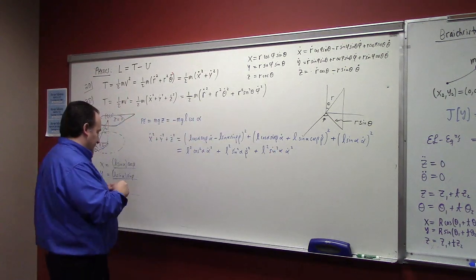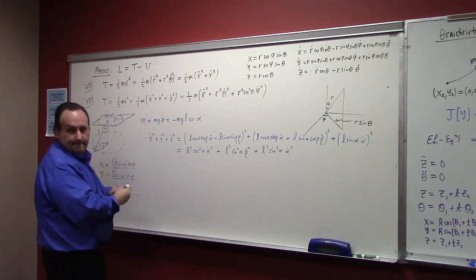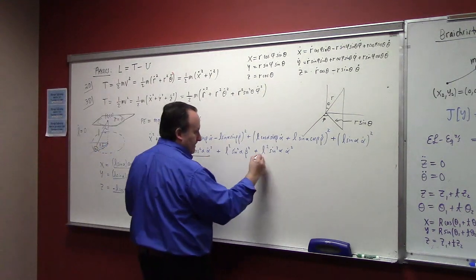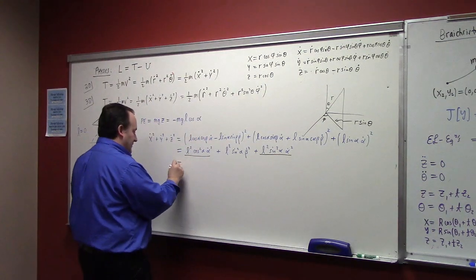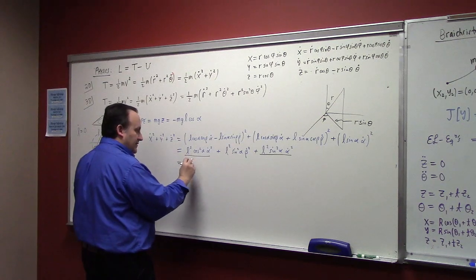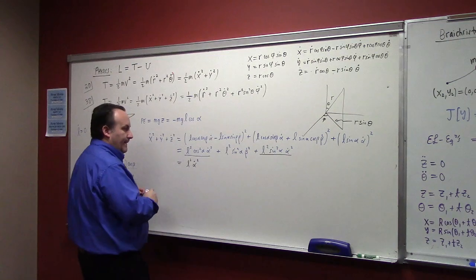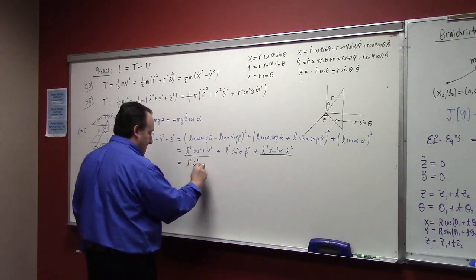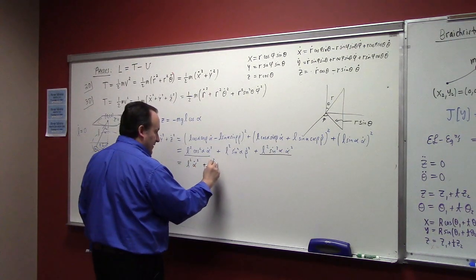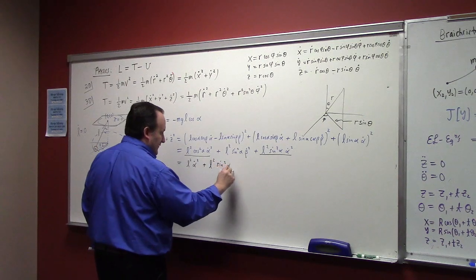Now two of these things should go together. And so that gives us L squared alpha dot squared plus L squared sine squared alpha beta dot squared.